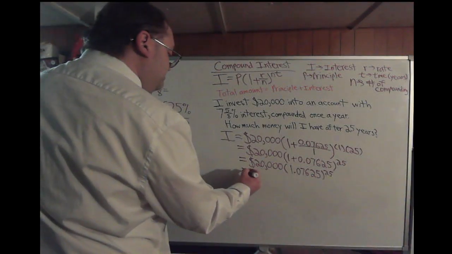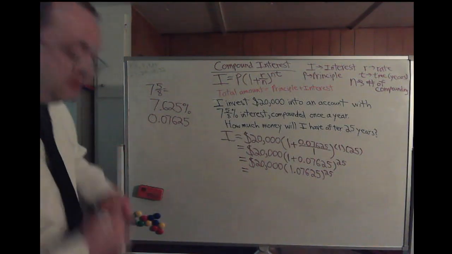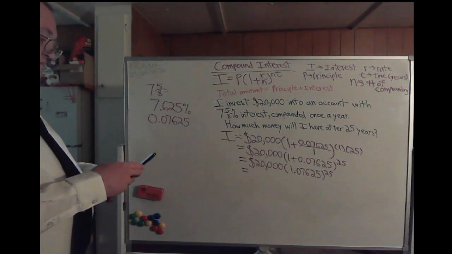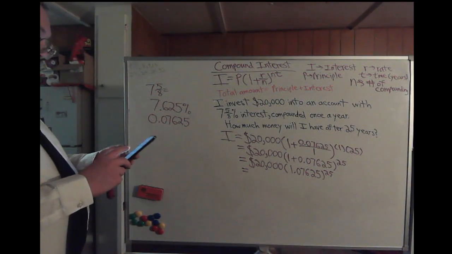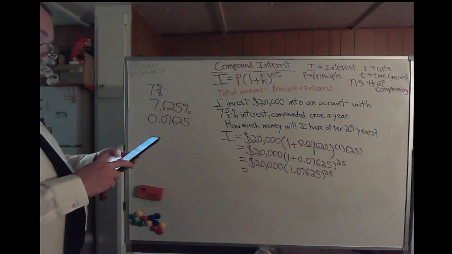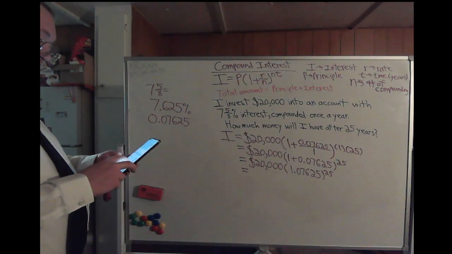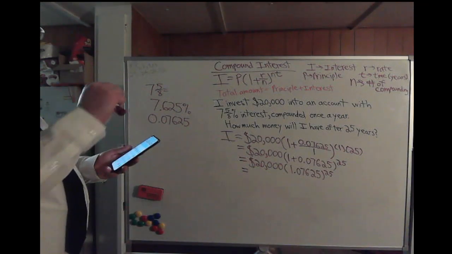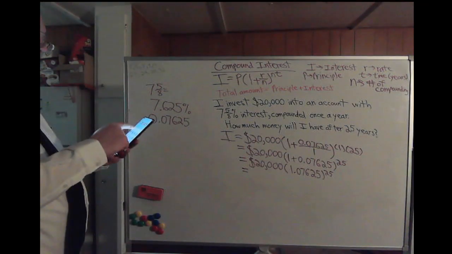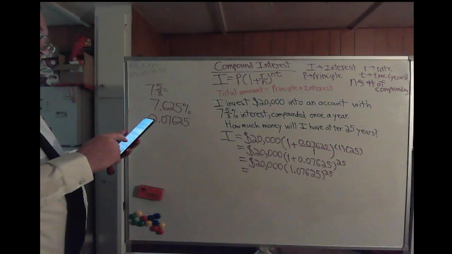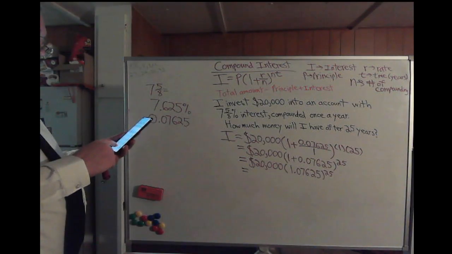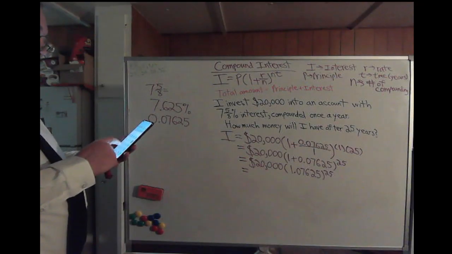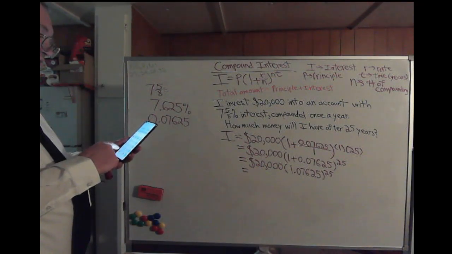Now we have parentheses and exponents. We need to go ahead and put this into our calculator. Of course, order of operations, let's do the exponents first. 1.07625, you would use a little caret symbol, like a little pointy hat symbol, to do exponents in the calculator. Which, yeah, it's 6 point something. It's not a pretty number. So we'll take that, then multiply that by 20,000.